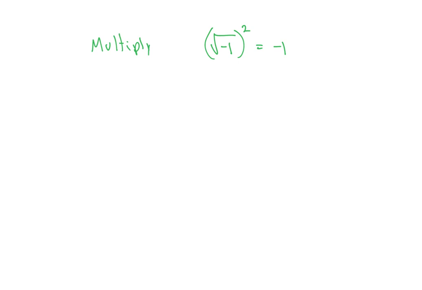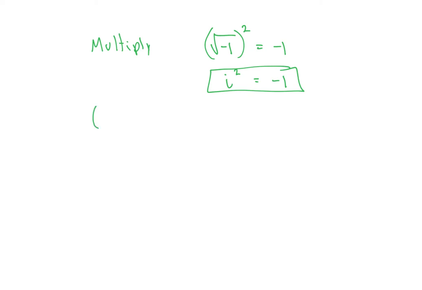That means if I have i, which is also the square root of -1, and I go i squared is -1. This is a huge concept with complex numbers, that i squared is -1. That means that i squared reduces to a number that is not imaginary anymore.